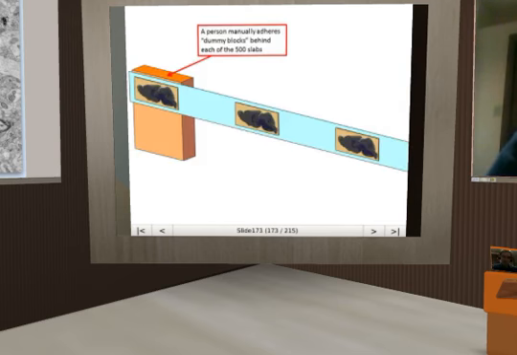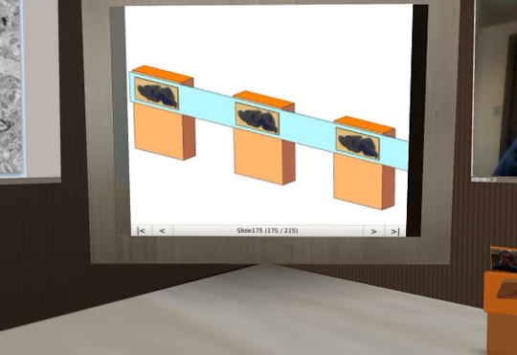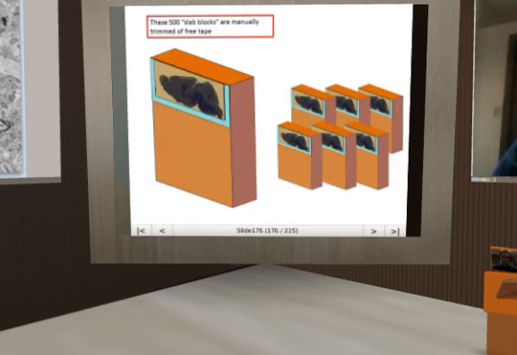And then a person manually adheres dummy blocks, plastic dummy blocks, behind each of the 500 slabs. These 500 slab blocks are then manually trimmed of free tape.